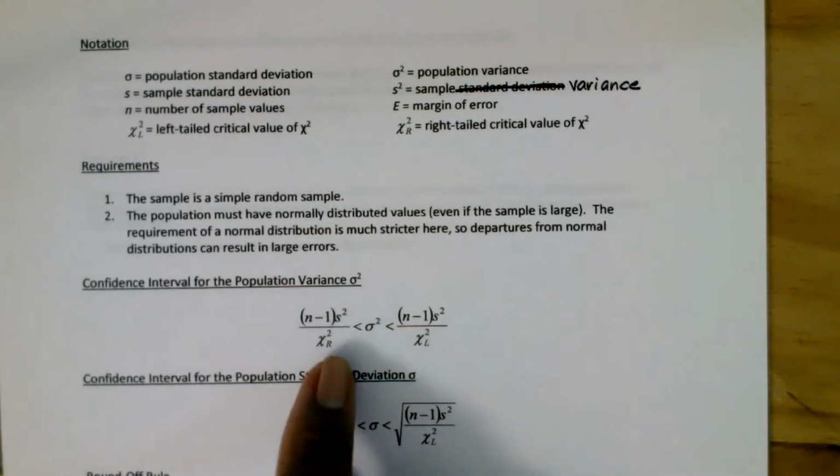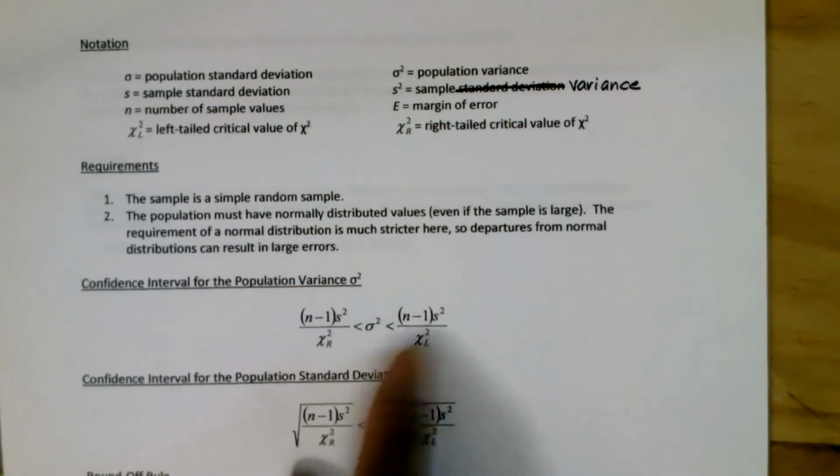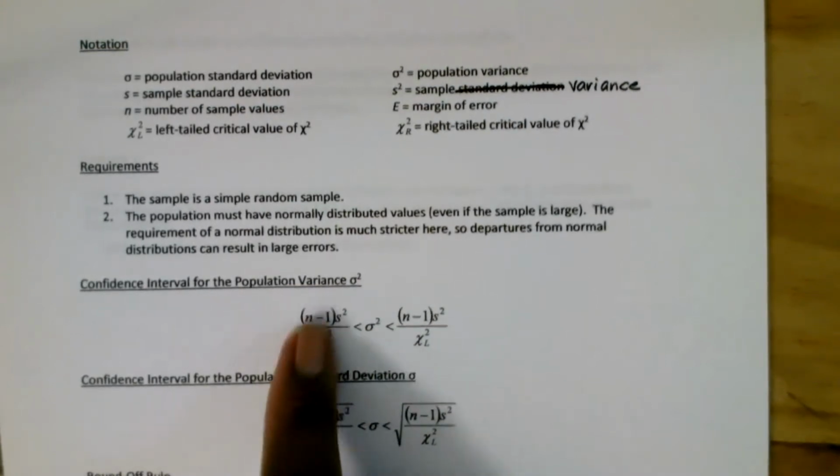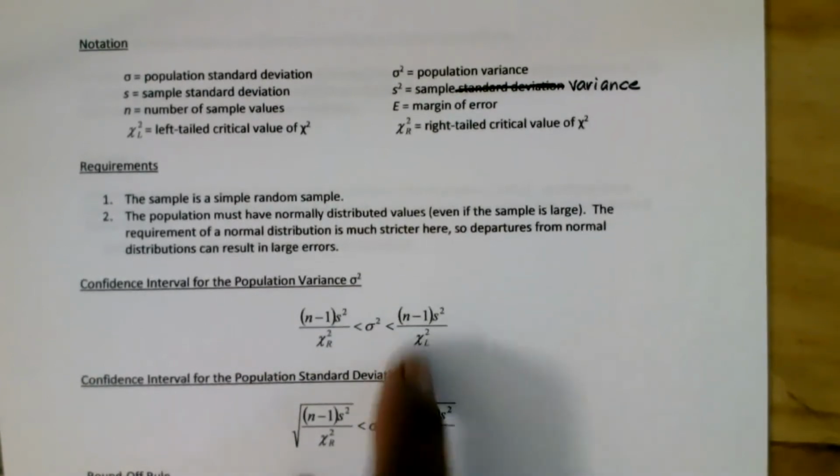Now, this might look backwards, but if you think about it, if it's done this way, you'll see that this will be the lower limit and the one on the right will be the upper limit.